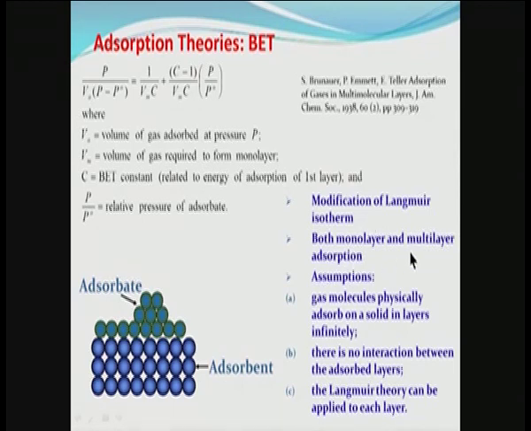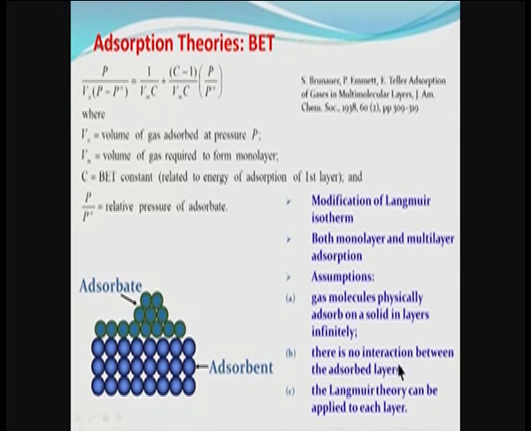Both monolayer and multilayer adsorptions are allowed, and the assumptions made in deriving the BET equation are that the gas molecules physically adsorb on a solid in layers, any number of layers, an infinite number of layers.